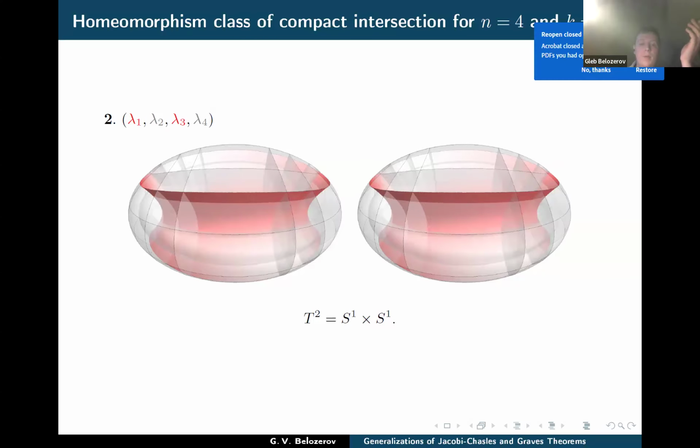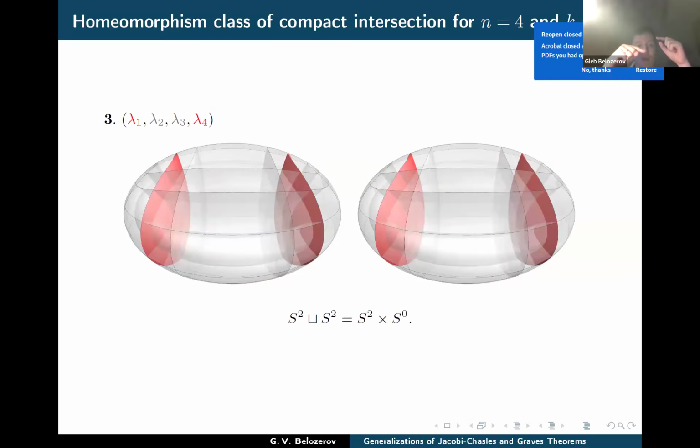Okay, but if we fix lambda 1 and lambda 4, and any region, we obtain two-dimensional disks. And after gluing, we obtain two-dimensional spheres.